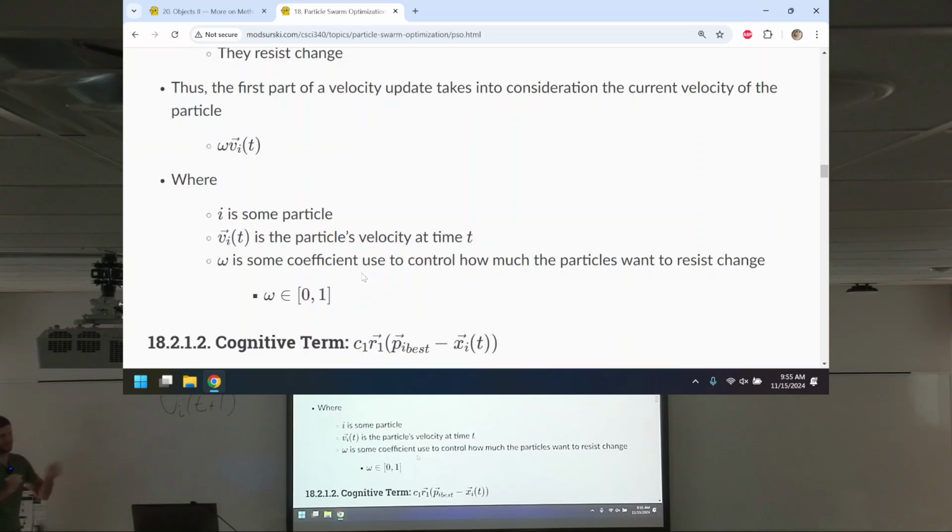Let me do it like this. Maybe doing the different directions was a problem. If I'm moving like this, and then I want to move like this, 10 like this, 10 like this. It's also difficult because we're talking about velocities, not where the particle position is.